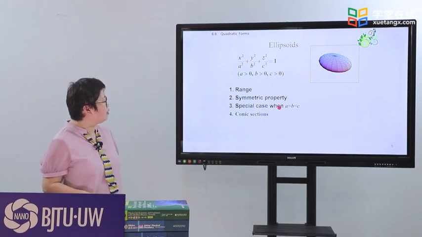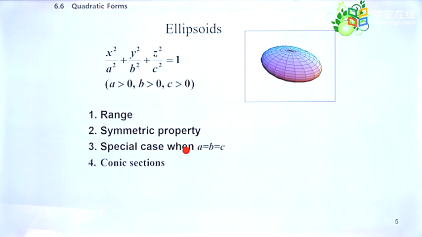Okay, so you can see some conic sections. For example, you choose z equals some special value, and then you can have its intersection with this ellipsoids. You can get ellipse, right, as its conic section.